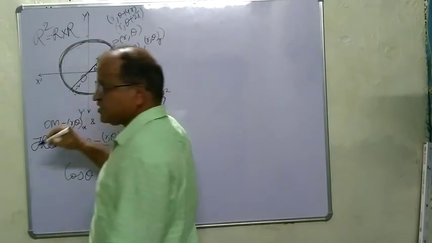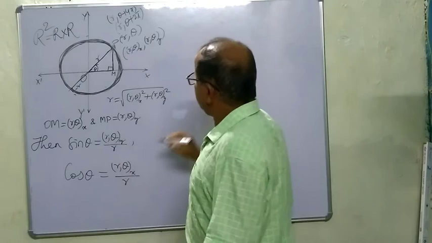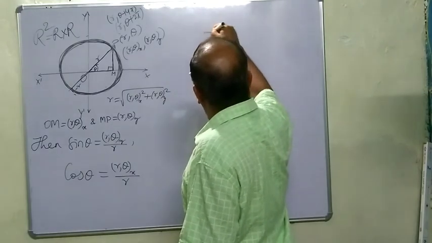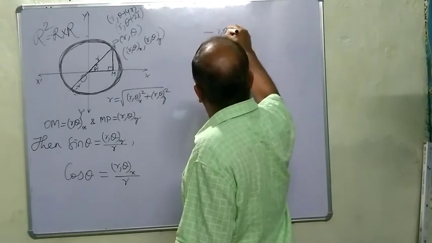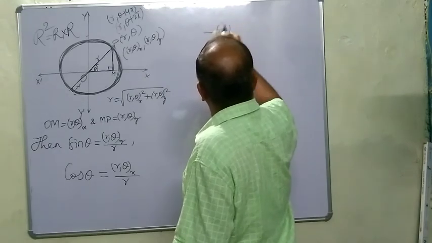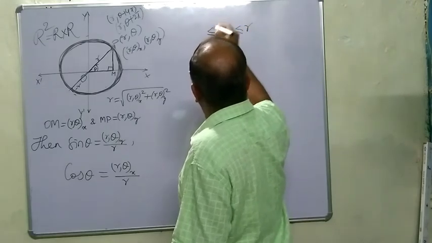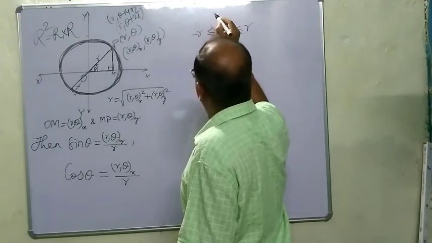So y will be less than or equal to r always, and it is greater than or equal to minus r.